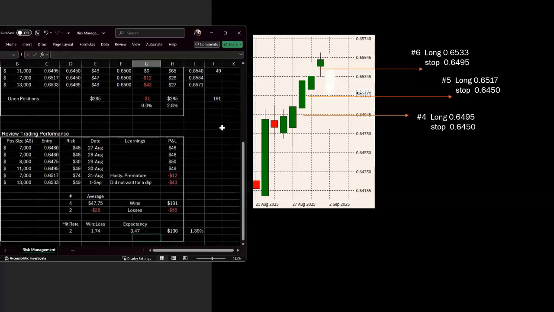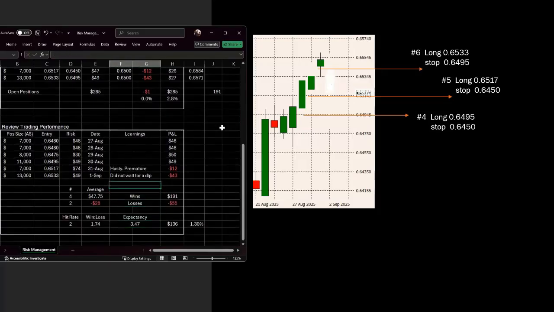Okay. Now, if you start to total up these stats, you'll find you can compute this. So you had 4 wins and 2 losses. So you had a hit rate of 2-1, which is excellent. A 2-1 hit rate means you have twice as many wins as you have losses. And your average win was $47.